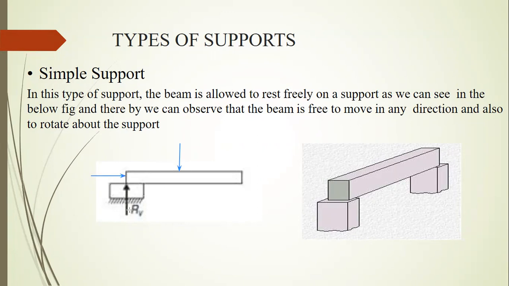If the load is applied in this direction, we can lift the object easily. The reactions will always be developed when the load acts in the downward direction, and there will be an upward reaction. Since this beam is simply resting on another object, this type of support will be called simple support.